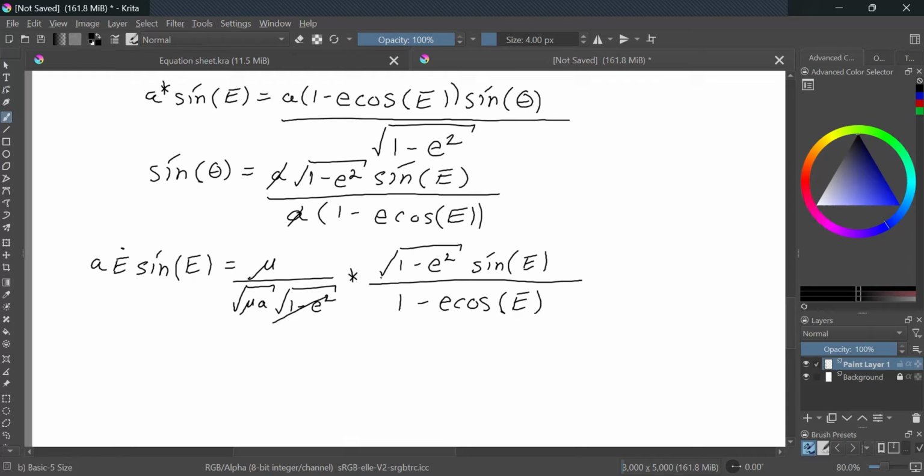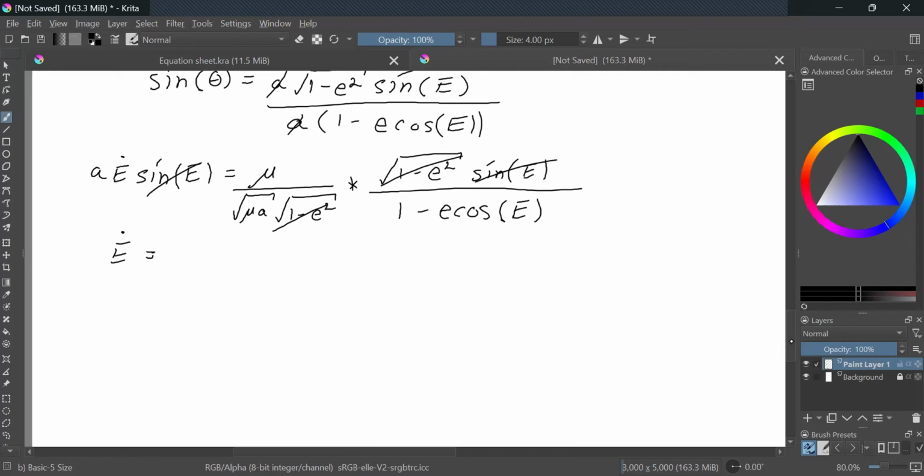We can cancel out that, and we can cancel out this. Then we can solve for E dot.